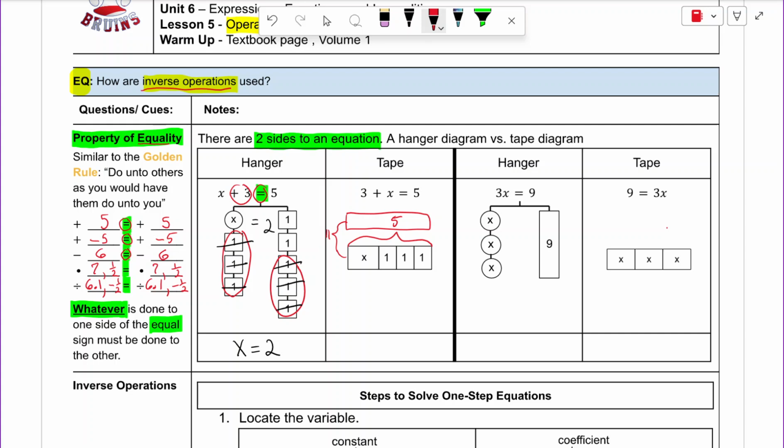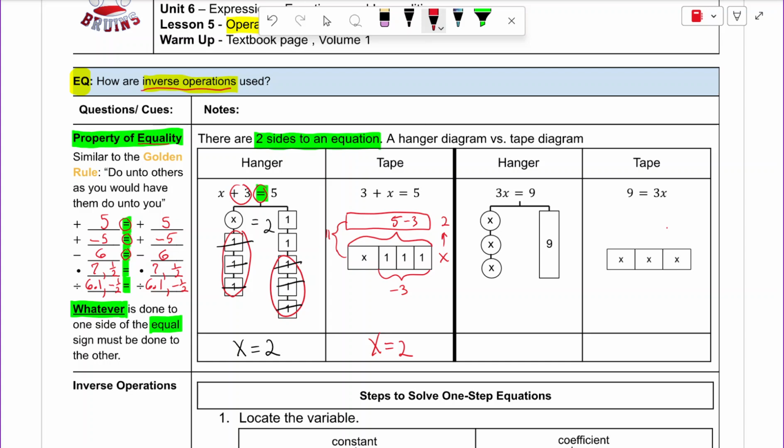This would be the equal sign over here. And if you're taking off 3 here, and that's what we were doing, we're taking 3 off of 5. So minus 3 here, minus 3 here. And we were getting 2 left over. And what was left over here when we took off these 3? Just the x. So the x had to be equal to the 2. X is 2.